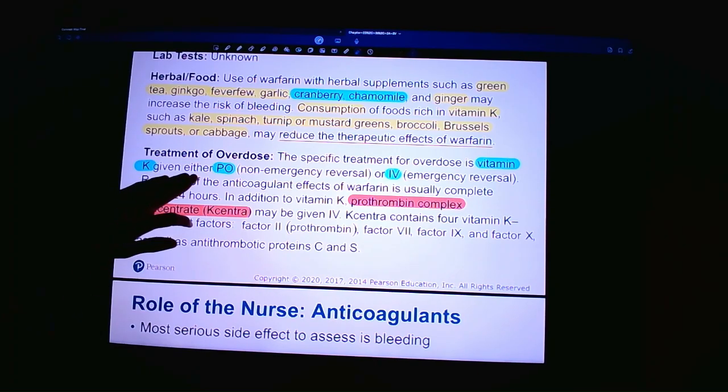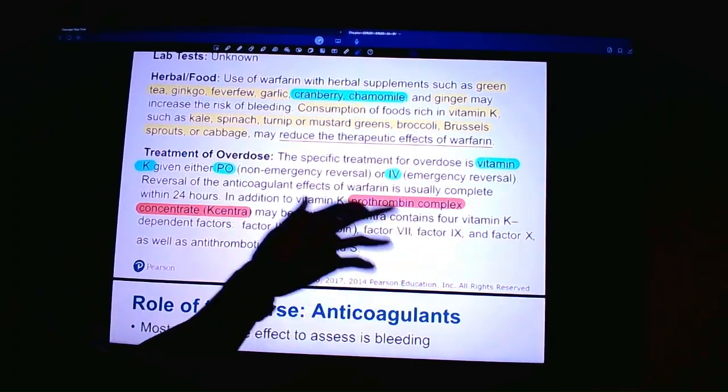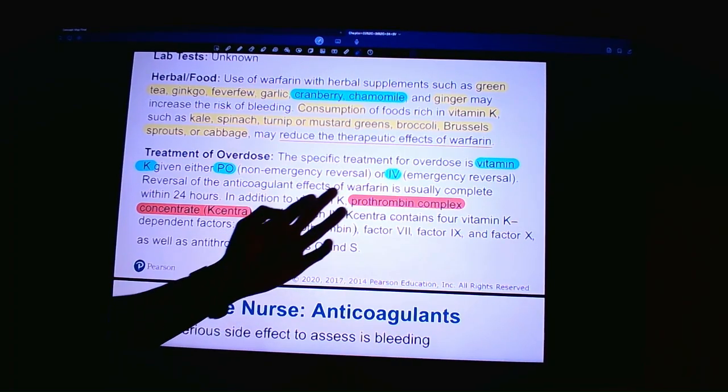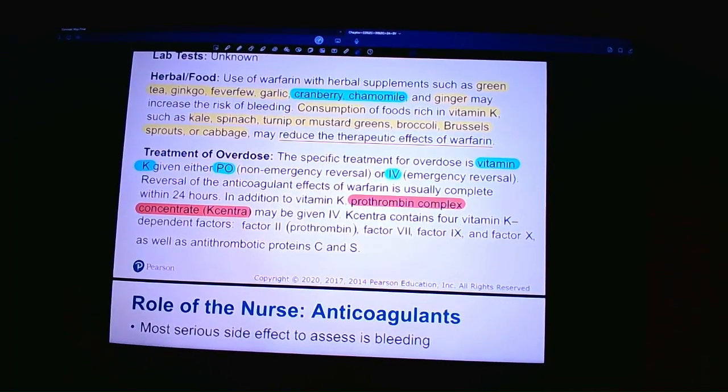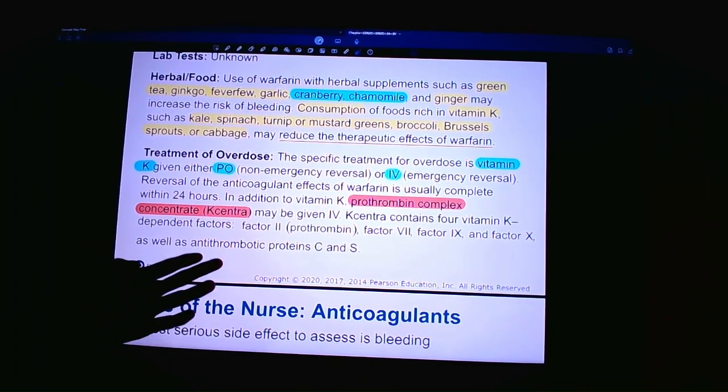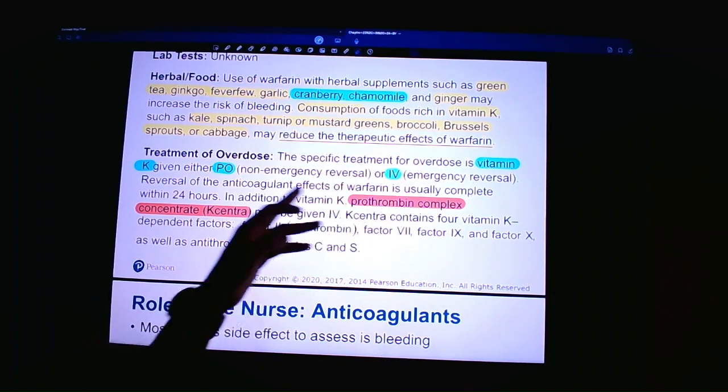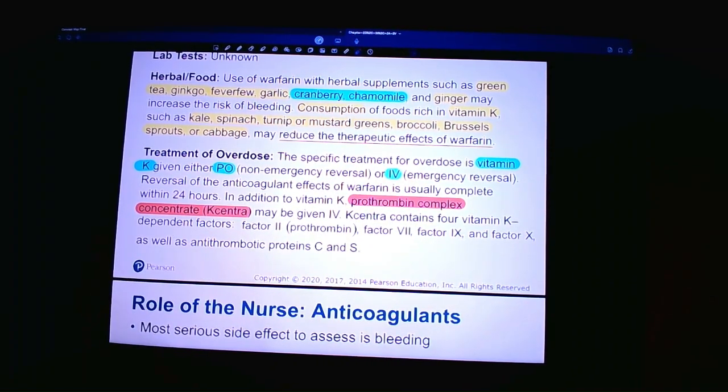Treatment of overdose, we just talked about it, right? You're either going to give PO vitamin K if it's not an emergency, or you're going to give IV in an emergency, because you want to reverse the effect of anticoagulation. In addition to that, you also give prothrombin complex concentrate, which is Kcentra. A way we can remember the name is, it's vitamin K in the end.